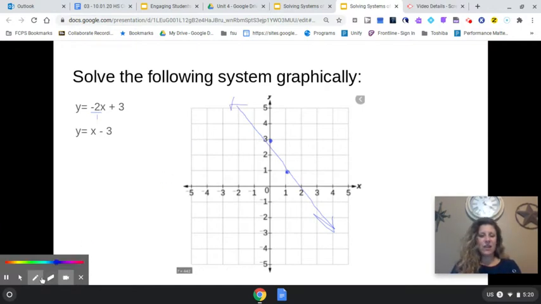The second equation, I'm going to graph that in red. We see that it has a y-intercept of negative 3. 1, 2, 3. I'm going to mark a dot there. And then I'm going to use the slope, which the number in front of x for this particular equation is 1. So if I make that into a fraction, I'm going to rise 1 and run 1.